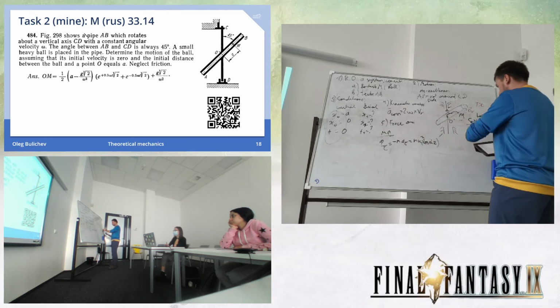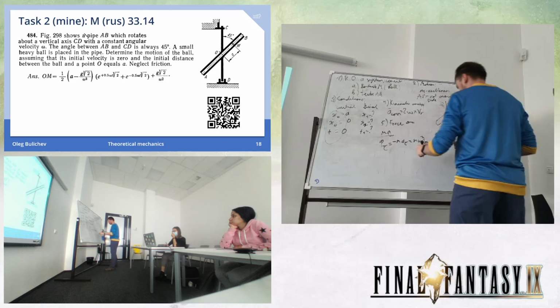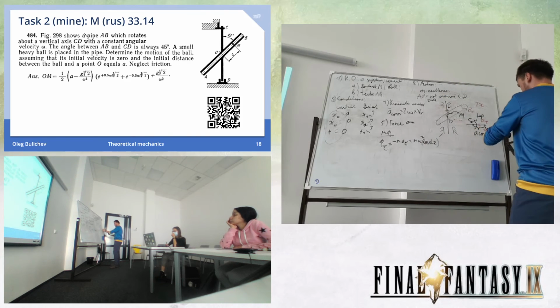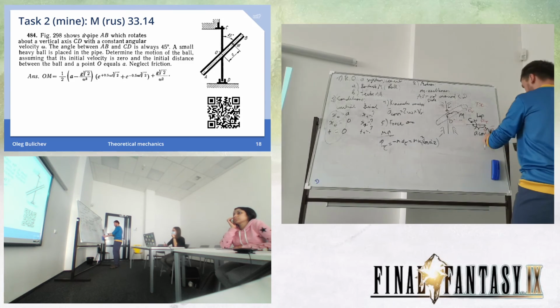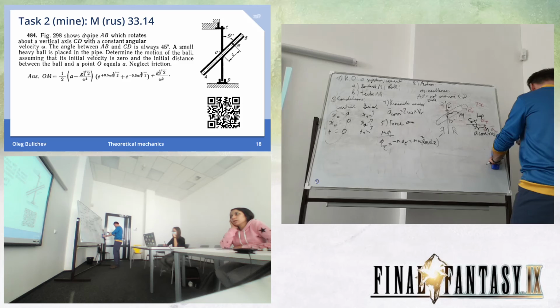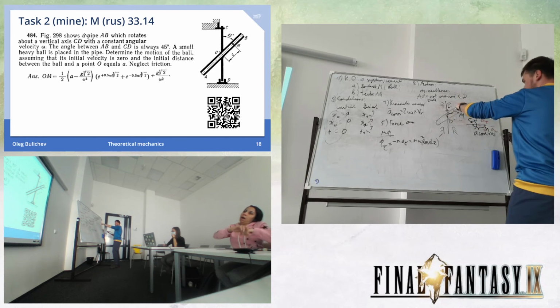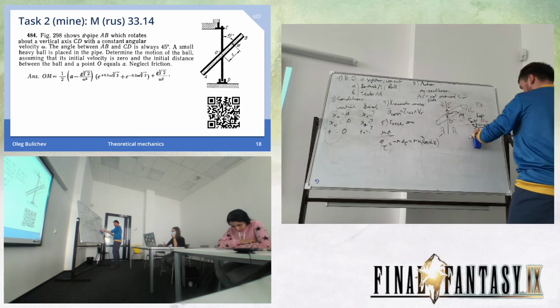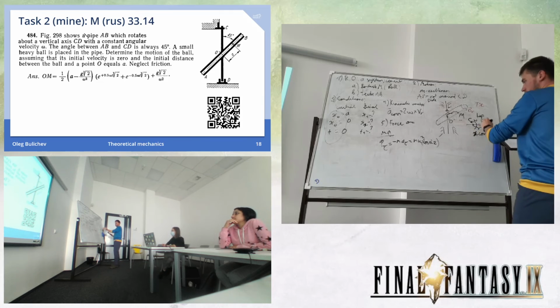In our case, it's cosine x because now M is moving. It's A, then x plus x. In the initial condition it will be A.